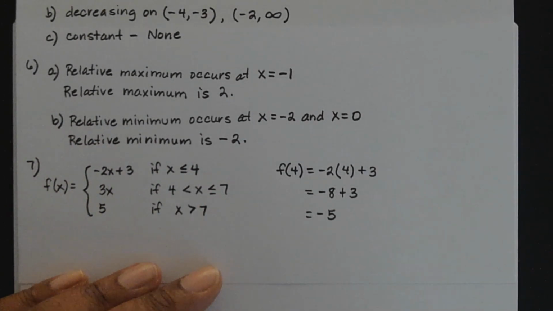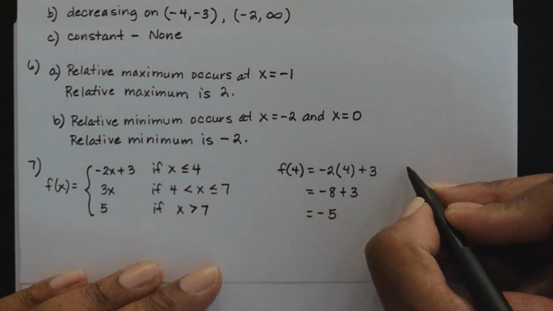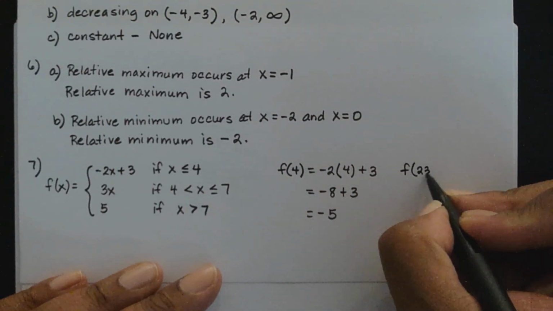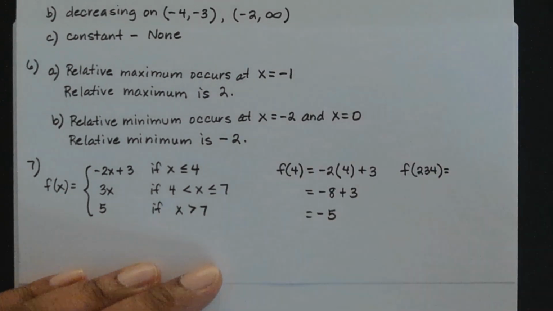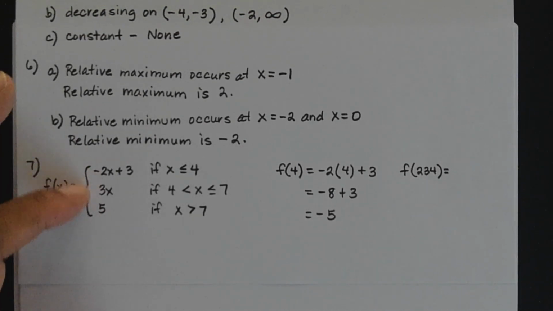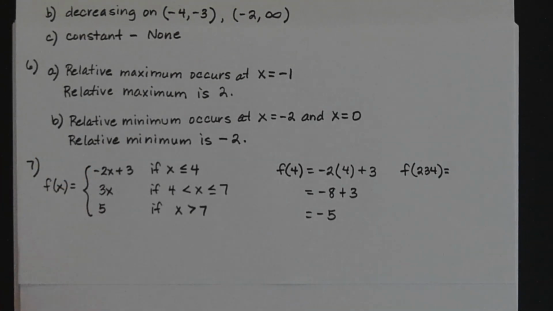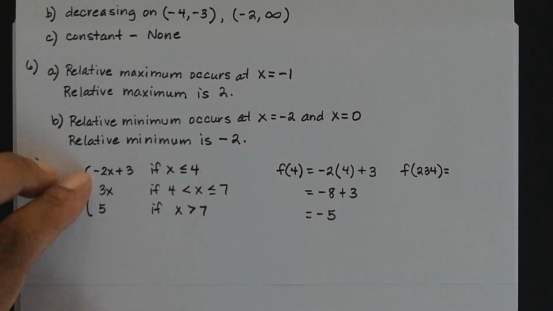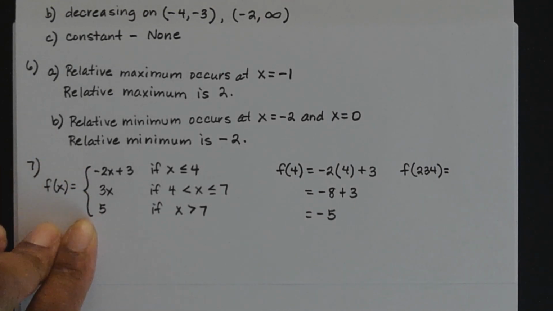And then for f of 234, well, the x value is 234, so that's going to tell us which one we need to use here. So which one do we need to use here? The first, the second, or the third? The third one.